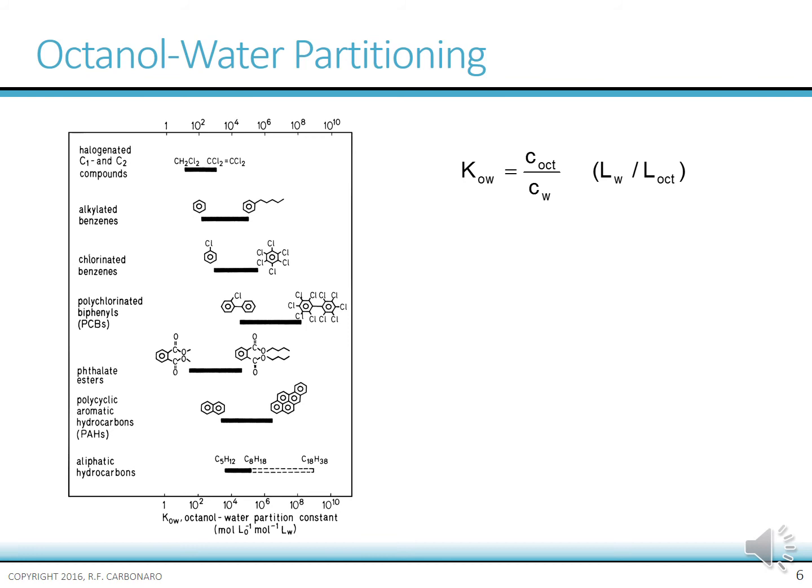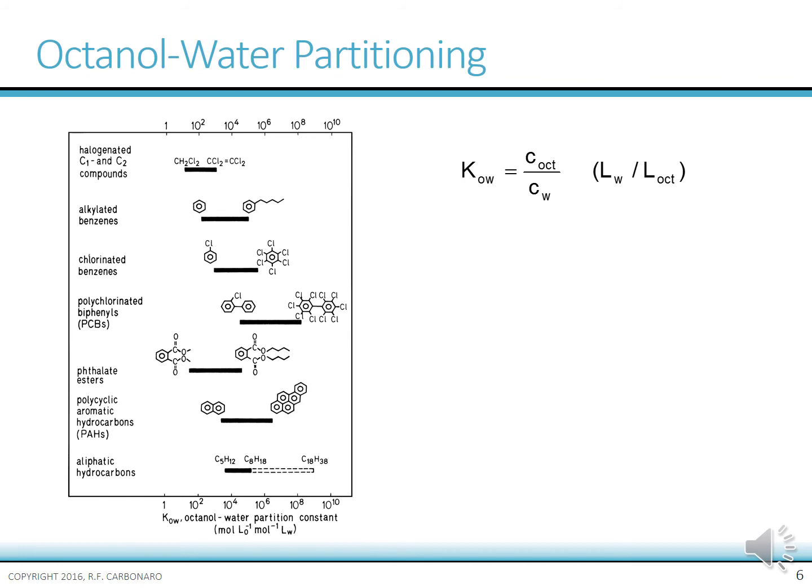And you can see as we increase the alkyl chain on the benzene group, as we add more carbon chain to the benzene molecule, we increase the KOW. What that means is we're essentially increasing the amount of chemical that would partition into the octanol phase at the expense of the aqueous phase. So as we add those nonpolar groups to the benzene molecule, more and more of the chemical will want to flee to the octanol phase.